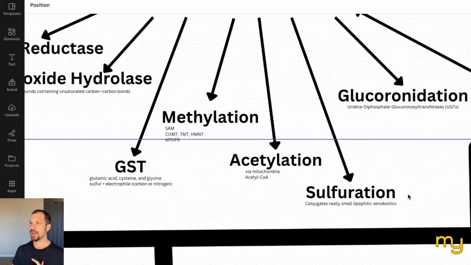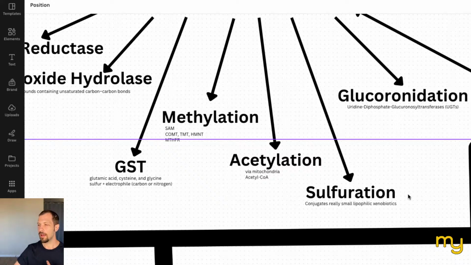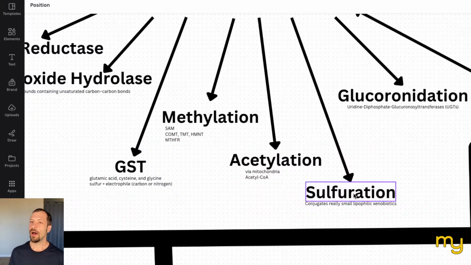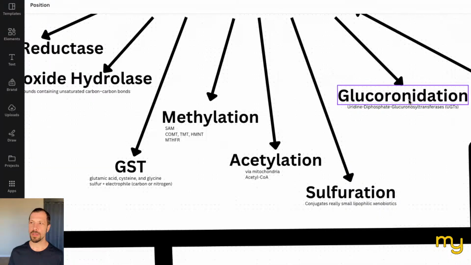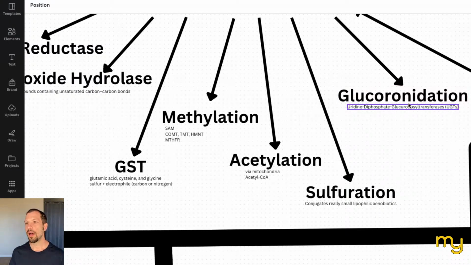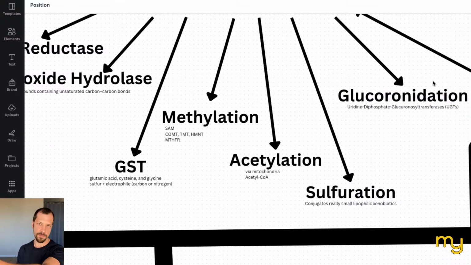Add in things that improve the way your body utilizes it, such as myrosinase. Myrosinase plus glucoraphanin will make things like sulforaphane. With some of the other pathways like glucuronidation, you could take calcium D-glucarate, which inhibits the enzyme beta-glucuronidase that inhibits this function. So you're essentially canceling each other out.